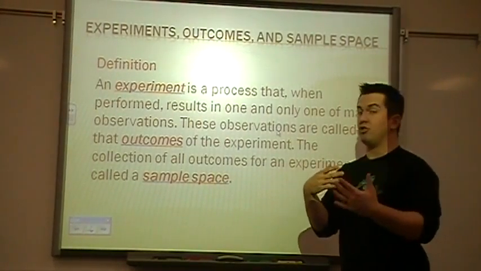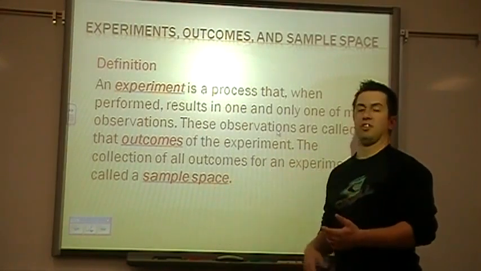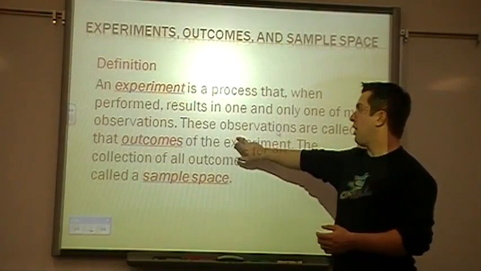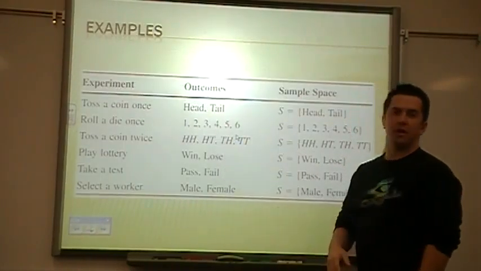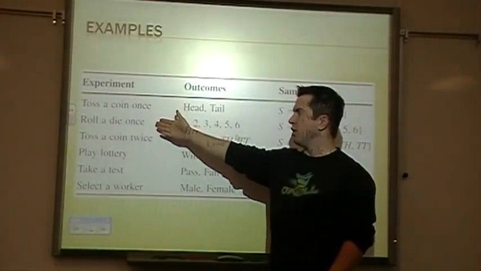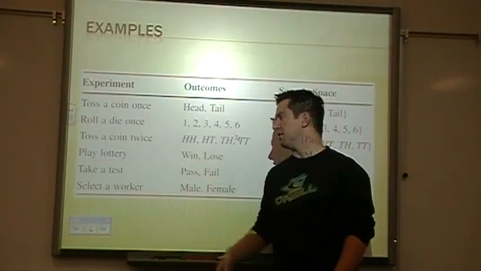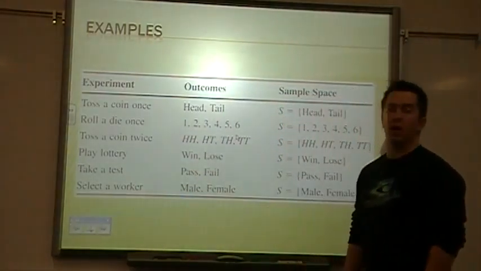When you do experiments, maybe flipping a coin, you're going to flip it multiple times, so you're going to have several things in this sample space. Here's a chart with some of the possible experiments you can do: tossing a coin, rolling a die, tossing a coin twice, playing the lotto, taking a test, selecting a worker, male or female.